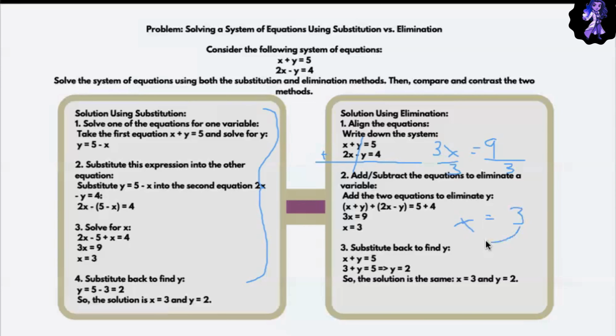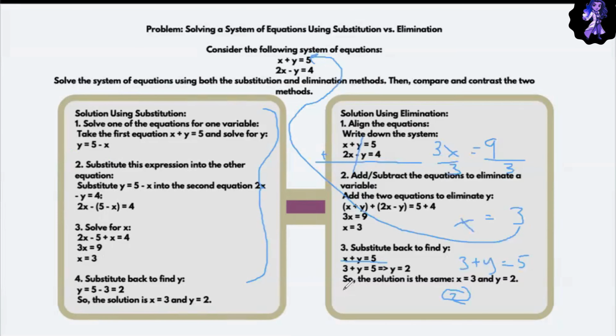Once again, we could plug our 3 back into the equation, preferably the first one for speed, and say 3 plus y equals 5, and solve for y, in which we get 2. So now we have x equals 3, y equals 2 for that one as well.